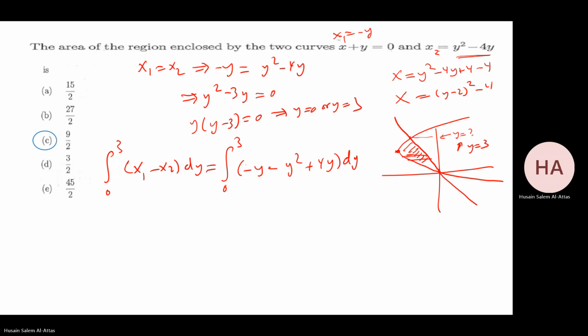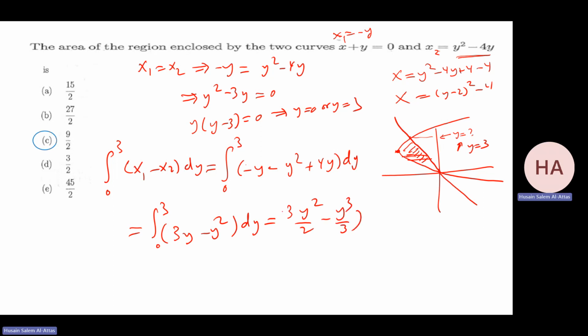That gives me what? 0 to 3, 3y minus y squared dy. That gives me 3y squared over 2 minus y cubed over 3 from 0 to 3. 0 will not make any difference.